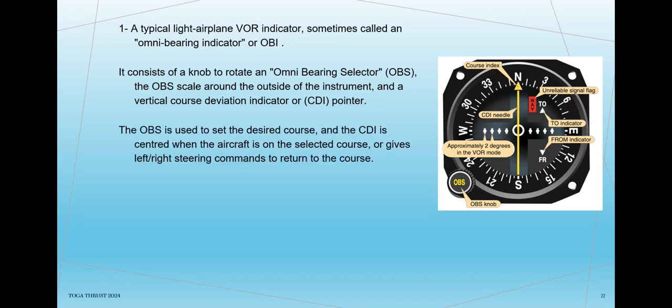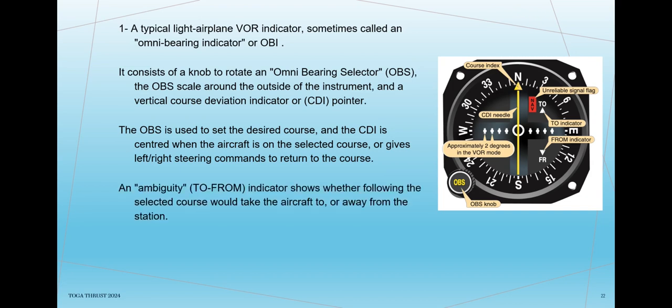The OBS is used to set the desired course, and the CDI is centered when the aircraft is on the selected course, or gives left, right steering commands to return to the course. An ambiguity, to, from, indicator, shows whether following the selected course would take the aircraft to, or away from the station. The indicator may also include a glide slope pointer for use when receiving full ILS signal.